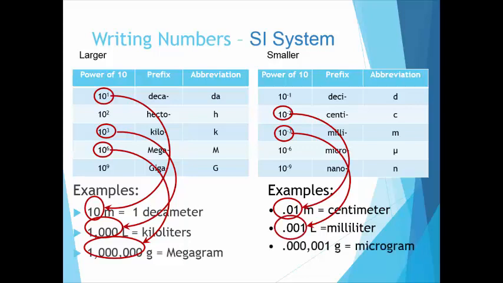And lastly, 0.000001 grams is the same as a microgram. Or I could say, what? 1,000,000th of a gram? Okay. So this is how we talk or how we state things in the SI system.